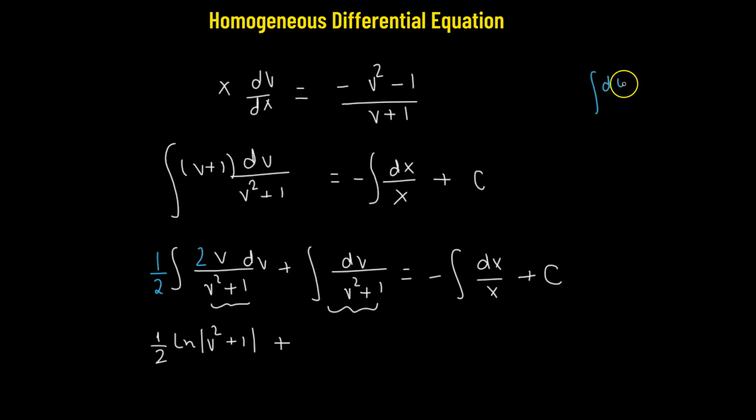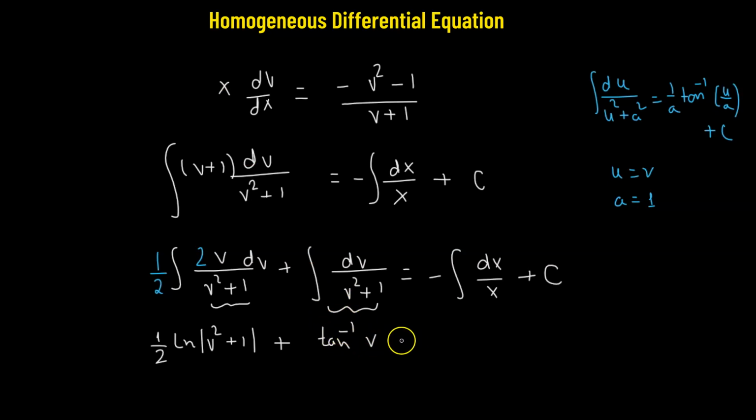Integration of du over u squared plus a squared is 1 over a times the arctangent of u over a plus c. In our case, u is equal to v and a, the constant, is 1, so this will reduce to the arctangent of v equals negative. This is simple, the logarithmic function, integration of dx over x plus the constant of integration c.